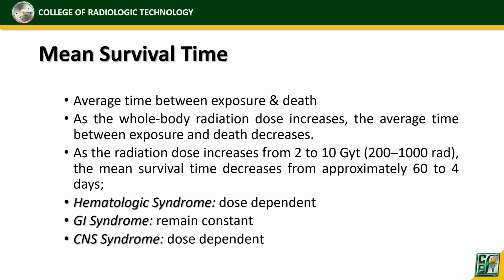Binanggit na nga natin kanina. Okay? So as the radiation dose increases from 2 to 10 gray or 200 to 1000 rad, the mean survival time decreases from approximately 60 to 4 days.